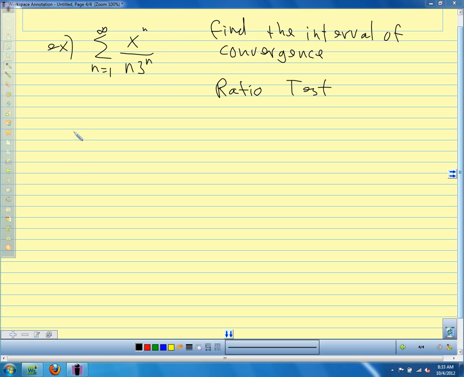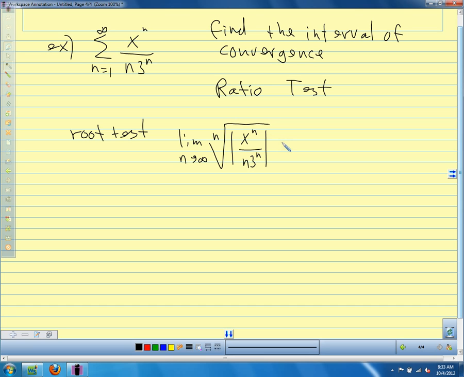So if we use the root test, we want the limit as n approaches infinity of the nth root of the absolute value of x to the n over n to the n times 3 to the n.